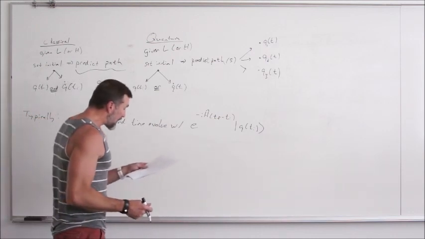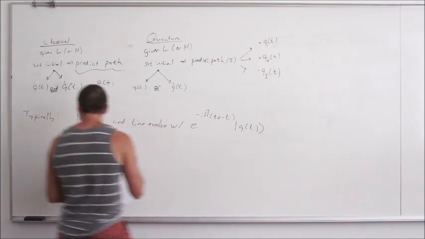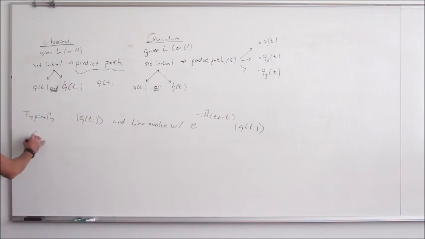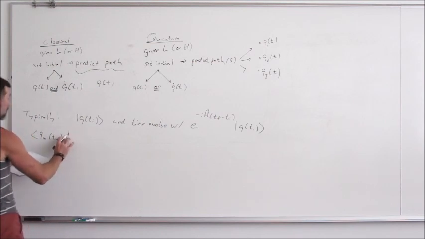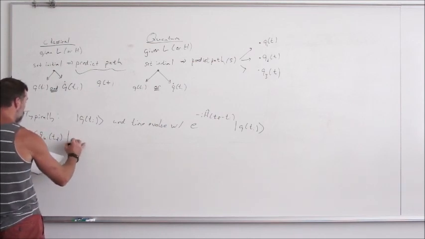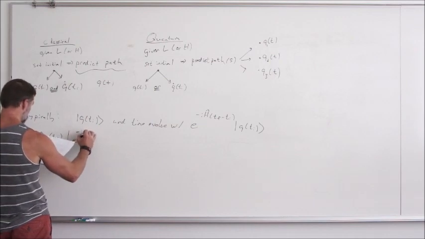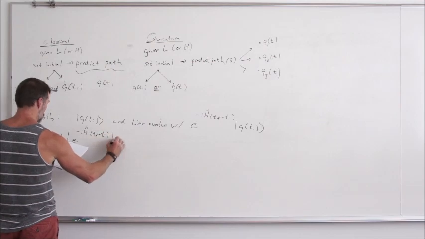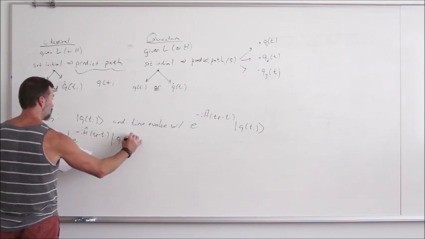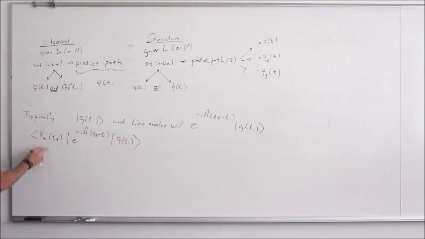And so at the end of the day, you might be interested in calculating something like this, where you say, I want to know what is the probability of evolving from the initial state Q at T initial to some final state Q_k at T final.